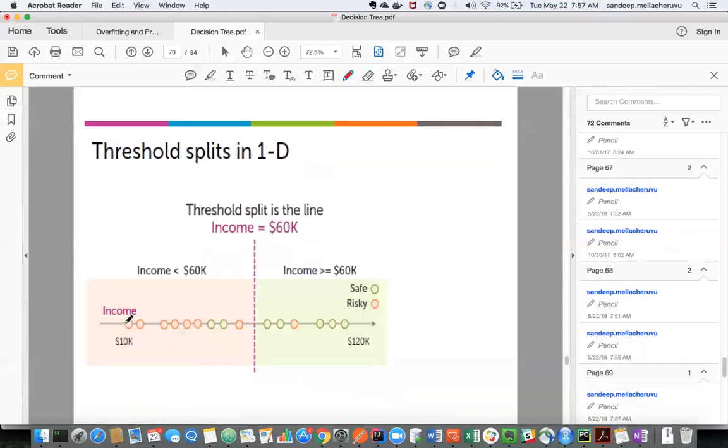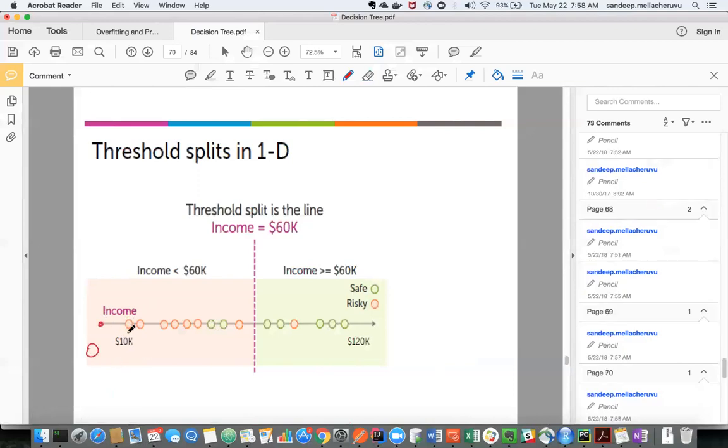So what I can do is, if you assume that income is all on a number line, it starts from 0, 10K, 20K, 30K. All the incomes that you have in the training data set, keep them on the number line.